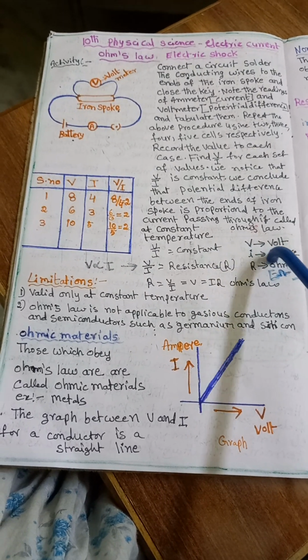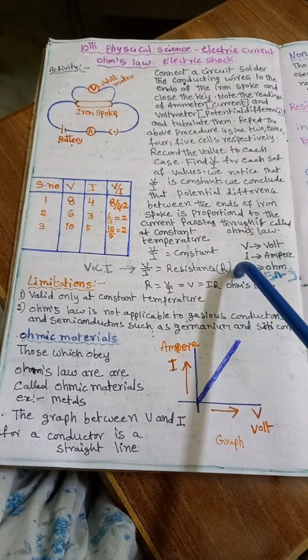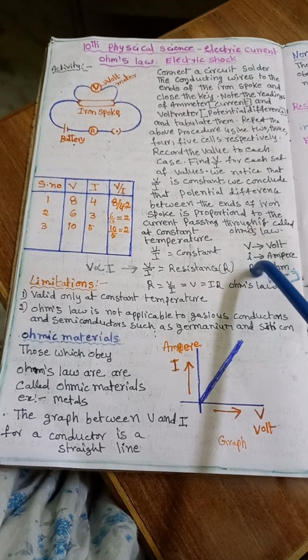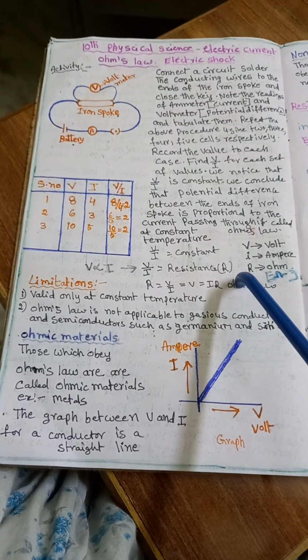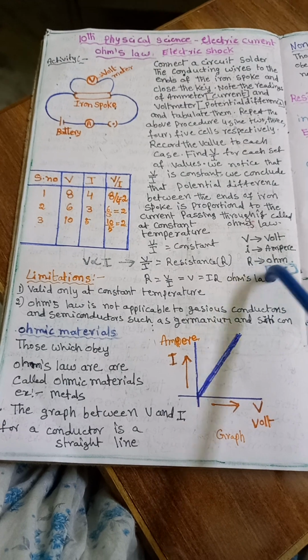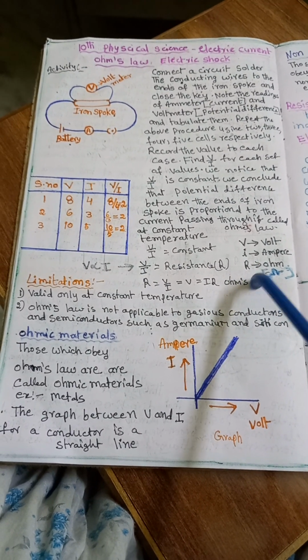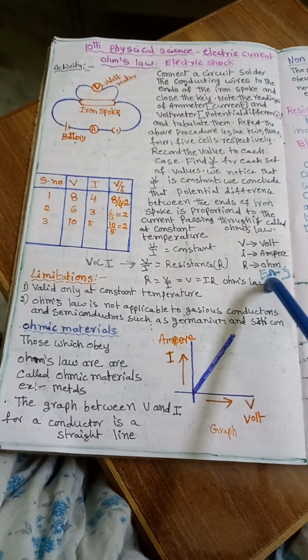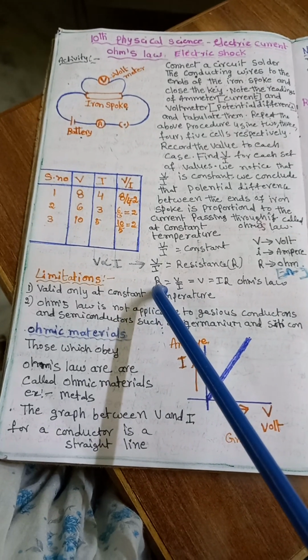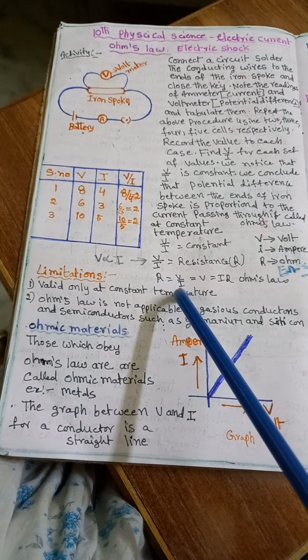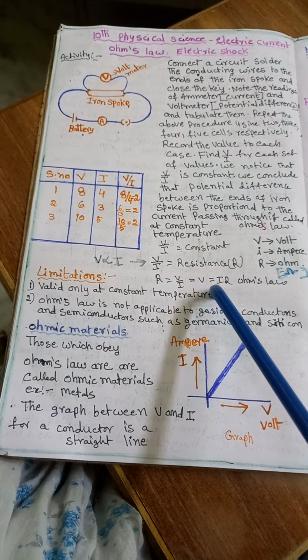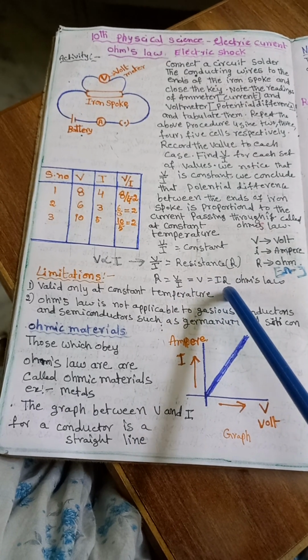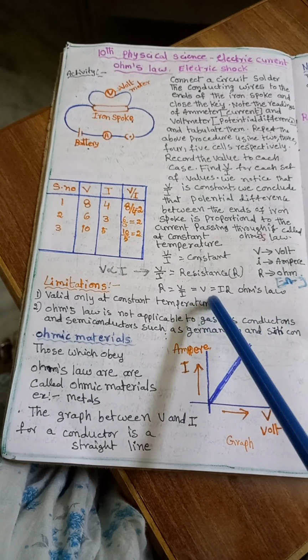Potential difference is measured in volts, current is measured in amperes and resistance is measured in ohms. The symbol of the ohm is like this. And R is equal to V by I, and V is equal to I times R. This is the principle of Ohm's law.